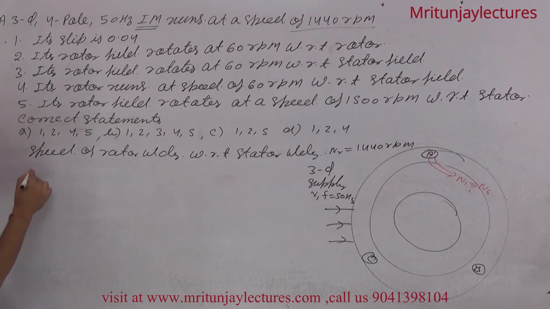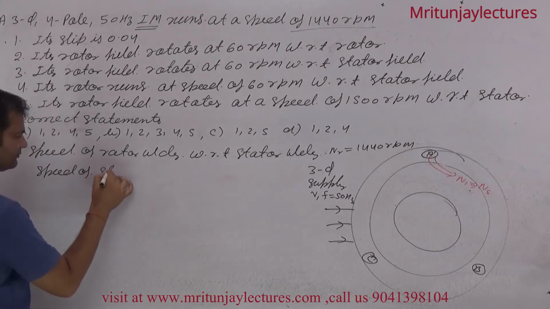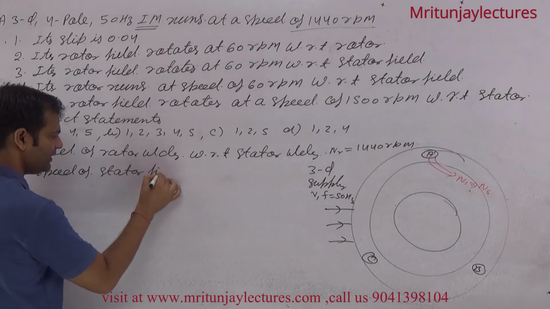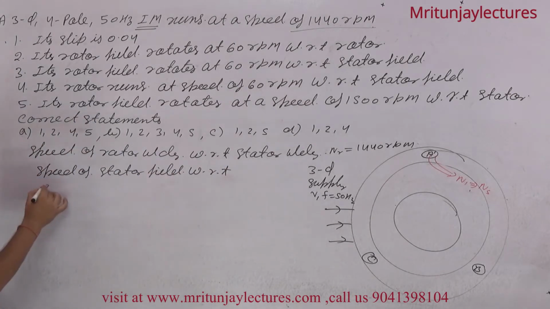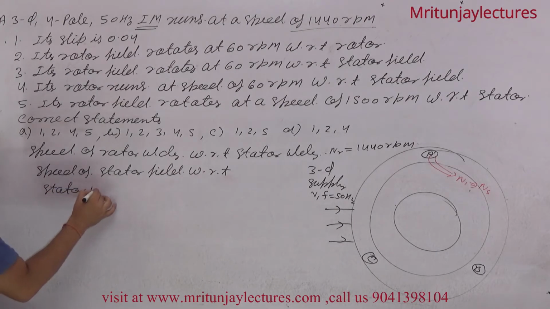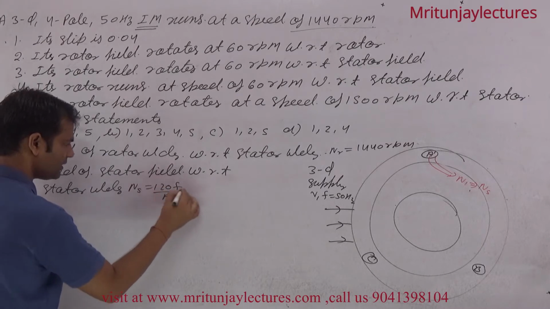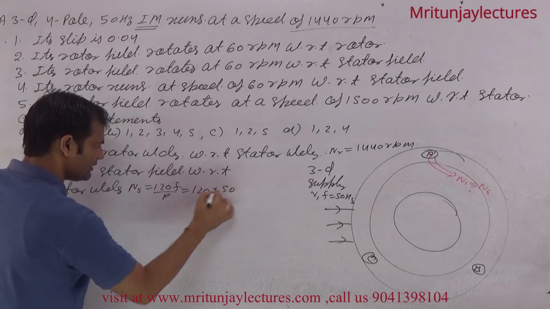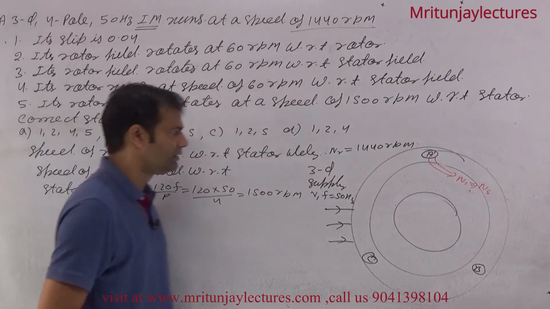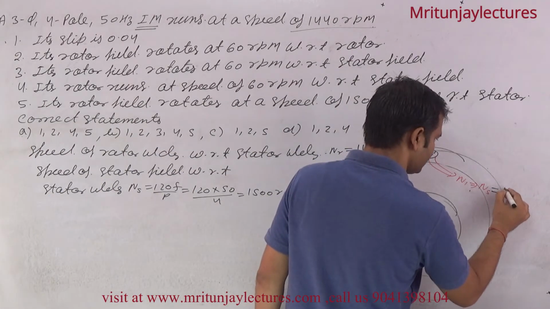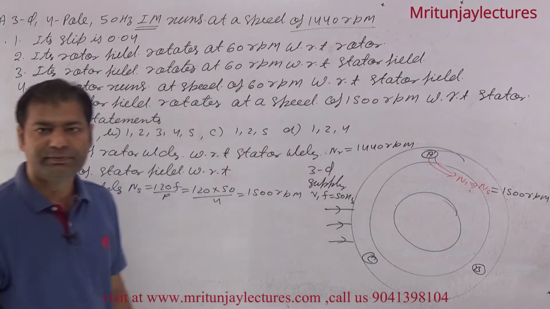Ns is the speed of the stator field with respect to the stator winding, equal to 120 F by P. With F as 50 hertz and P as 4 poles, that is 1500 rpm. Clear?